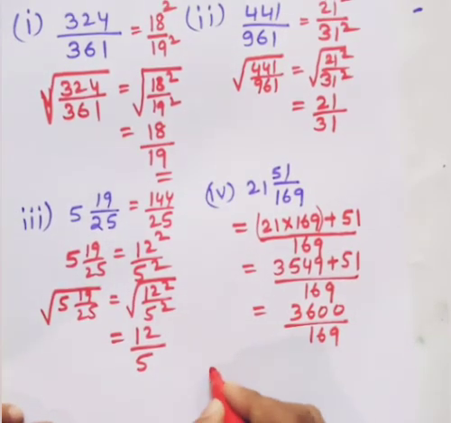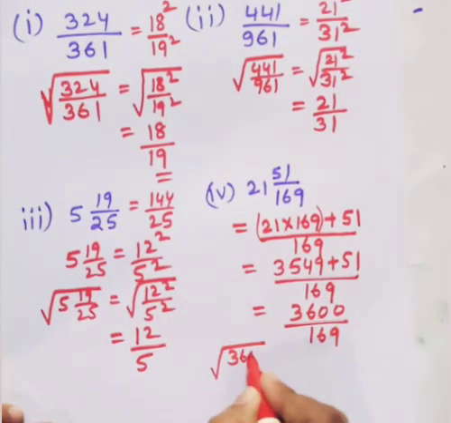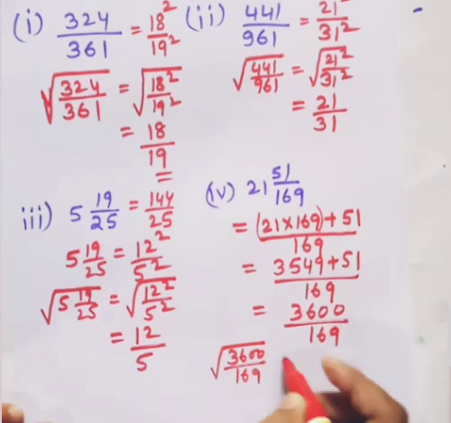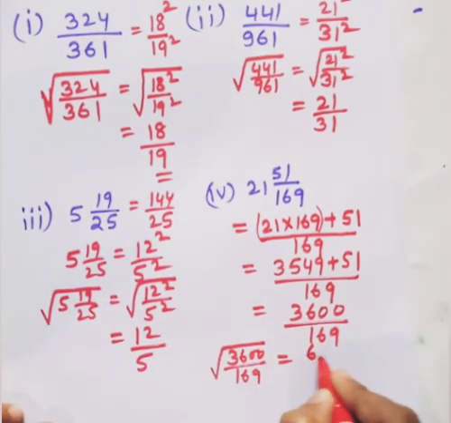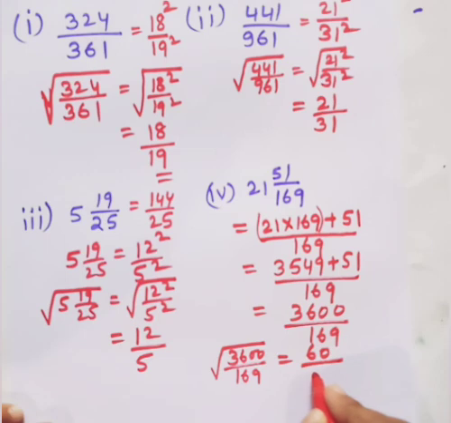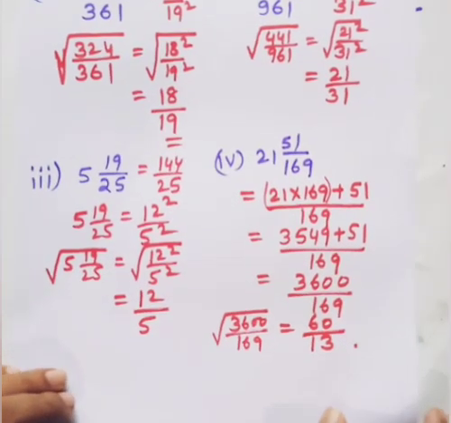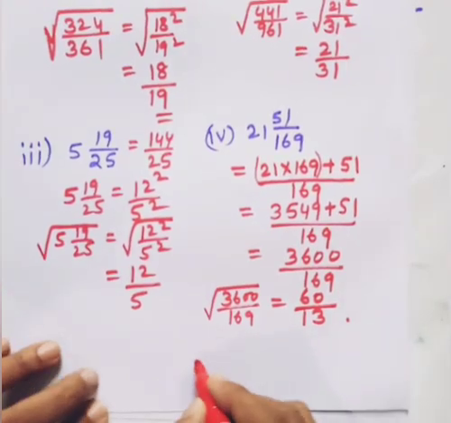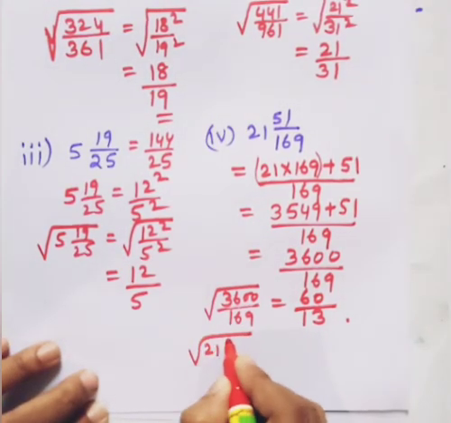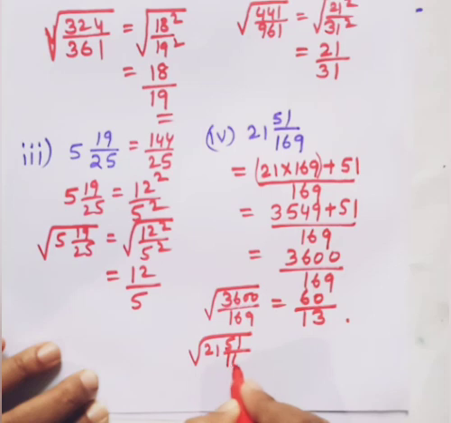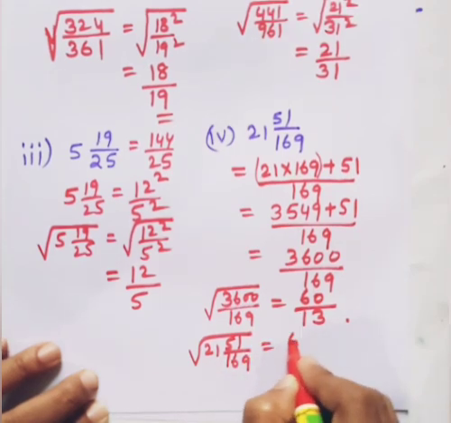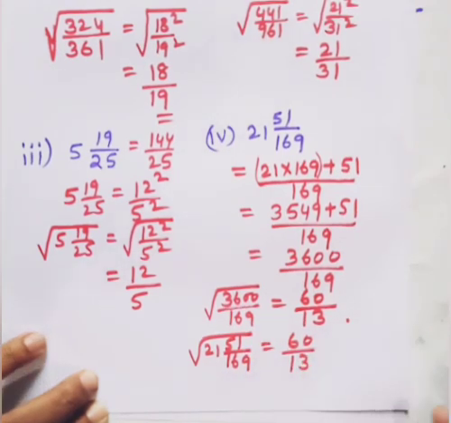And when you find the square root of 3600 by 169, it is equal to 3600 means 60 and 169 means 13. So finally square root of 21 and 51 by 169 is equal to 60 by 13.